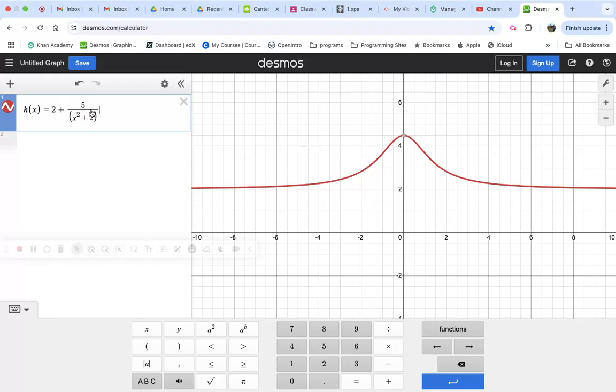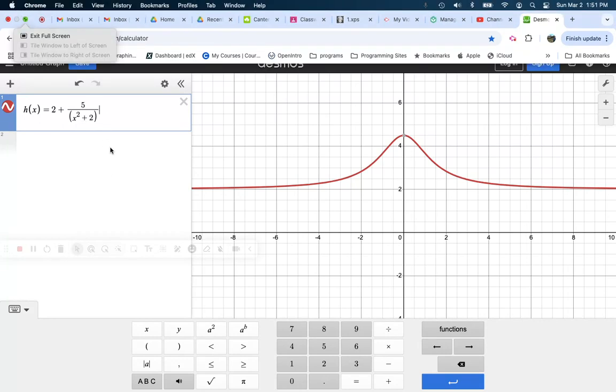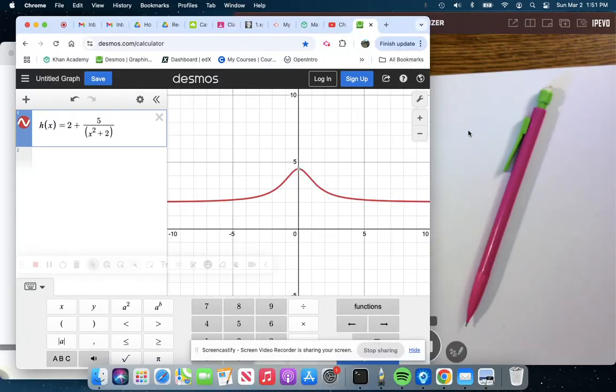So is it possible that the value of this could be -2? That seems possible if we divide 5 by something. 5 divided by what gives you -2? It would basically be setting this function equal to 0 and trying to solve it. So let's see what happens when we do that.